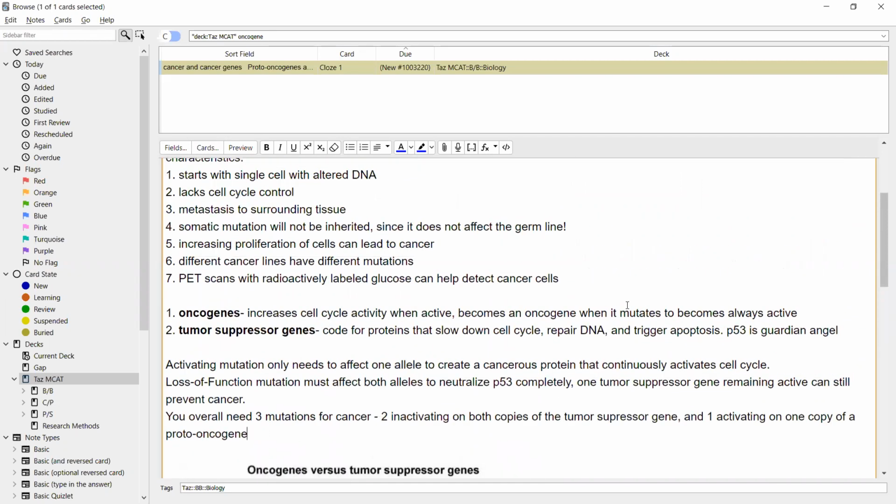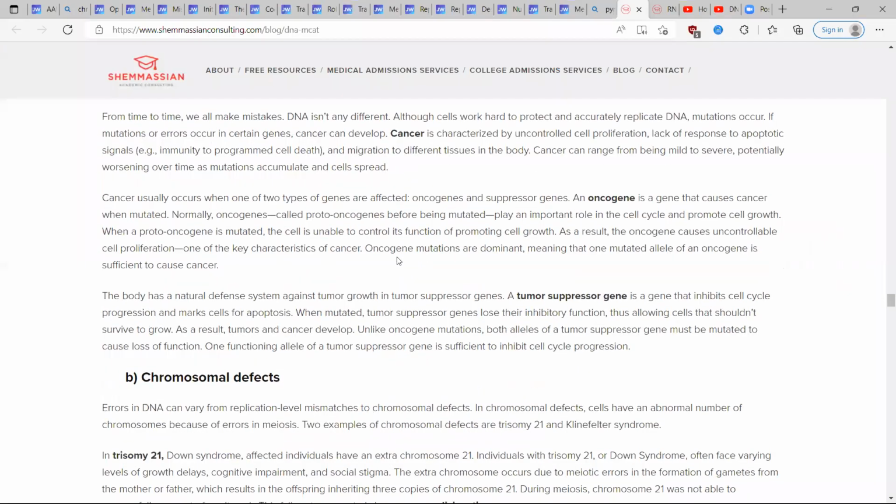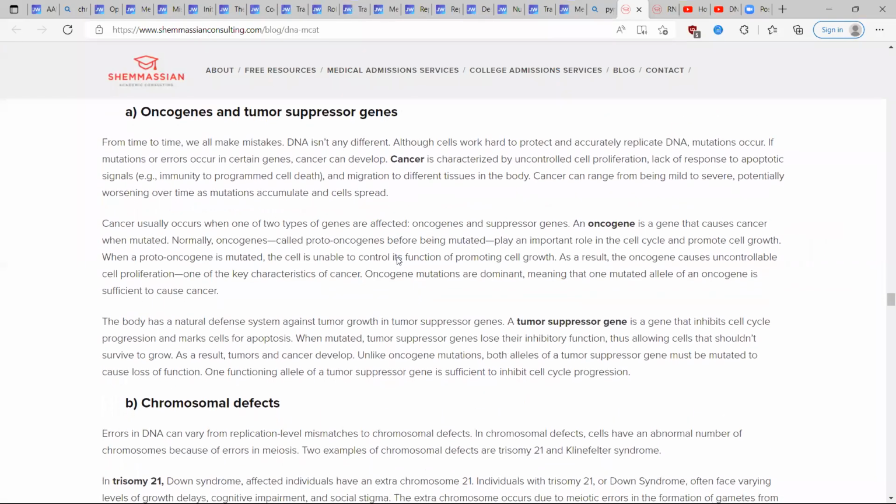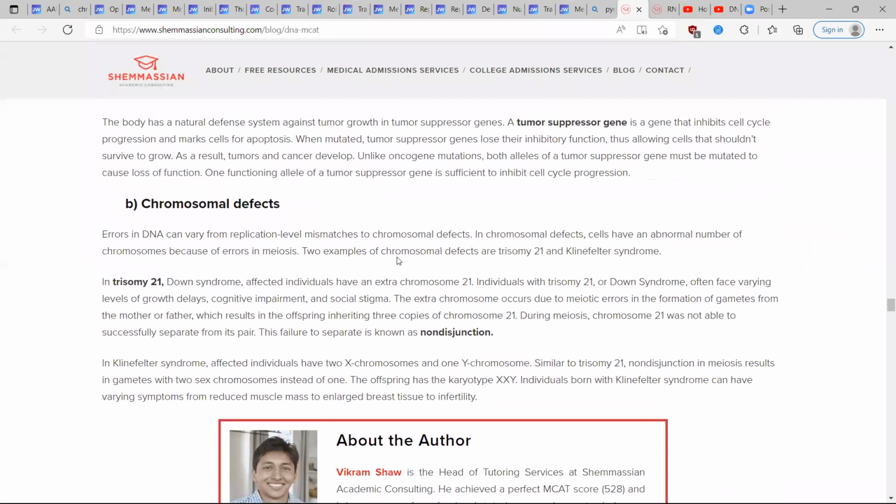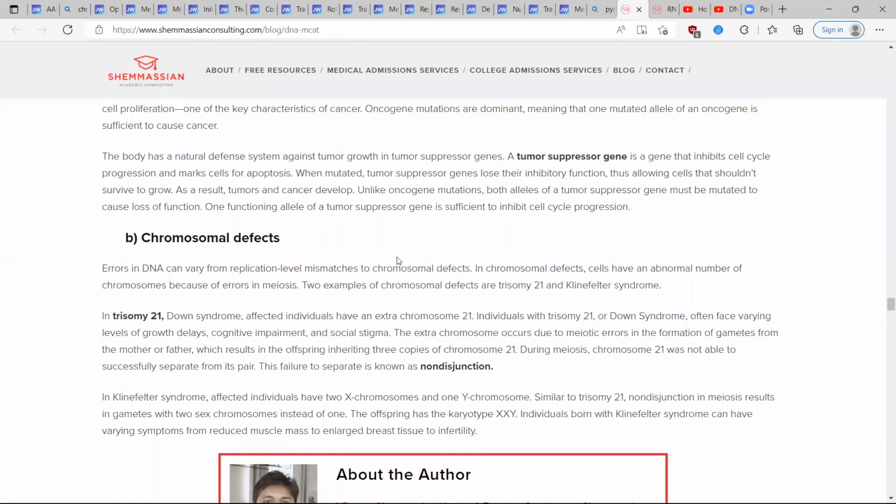Okay, so oncogenes and tumor suppressors. Chromosomal defects are another thing.